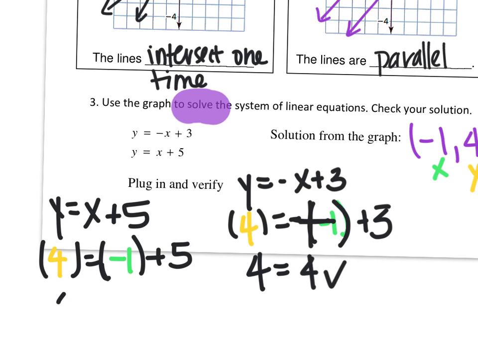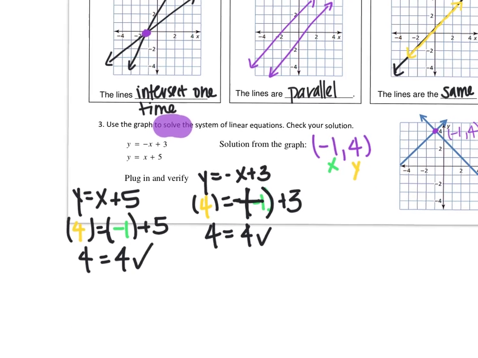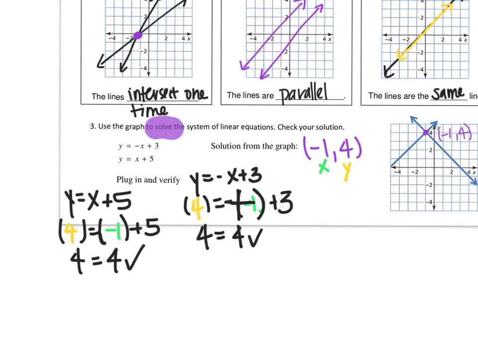On the left side I still have 4. On the right side, -1 plus 5 also gives me 4. Since both sides were 4, that means it's a solution. So I know both graphically and algebraically that it works, because when I looked at the graph, I found where it intersected, and when I plugged it in, they both gave me 4 on both sides.